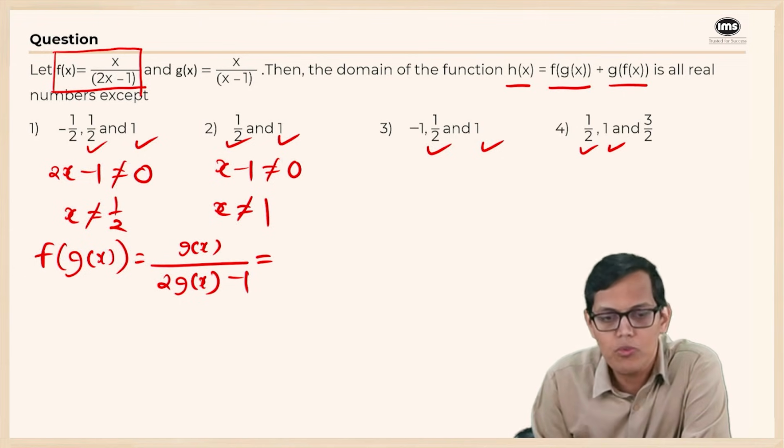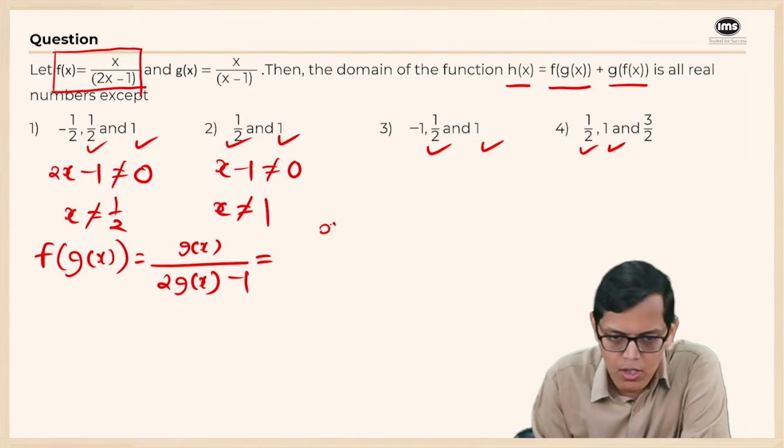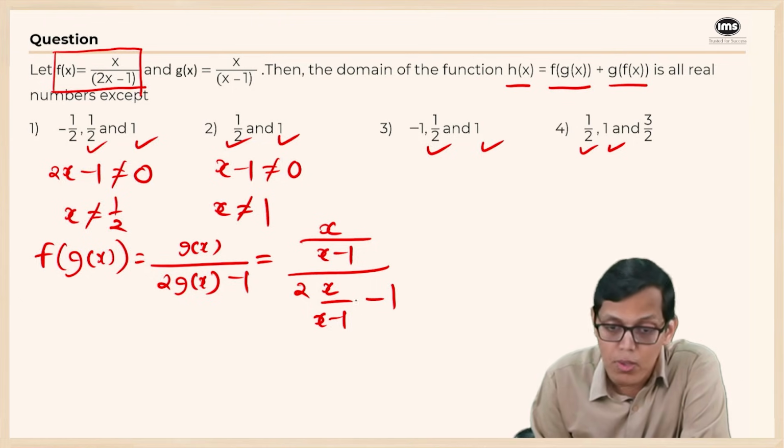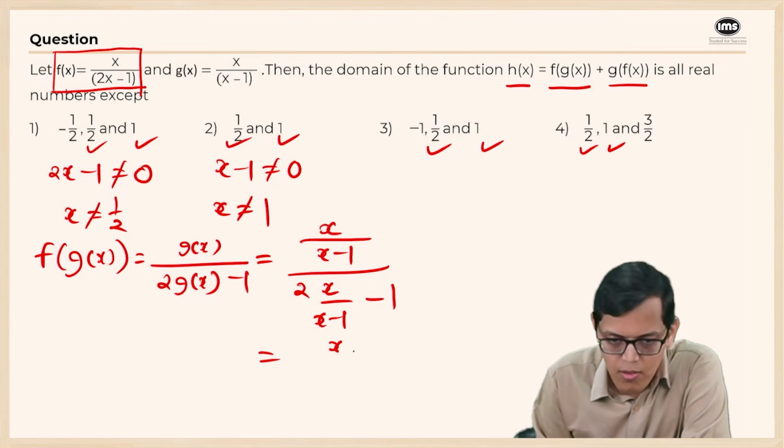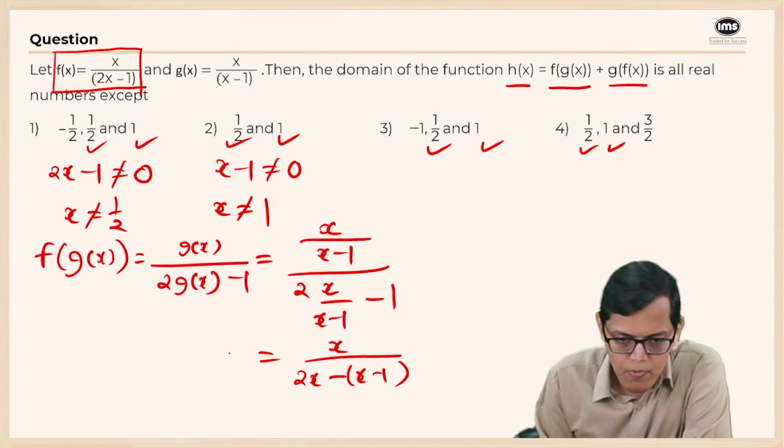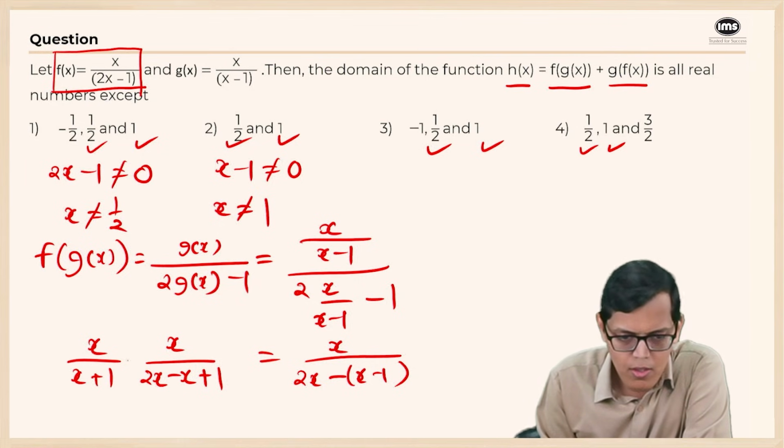Now we can put the value of gx in place of gx to get this. We have to further simplify this. That should be 2x minus x plus 1, and that finally should be x plus 1.